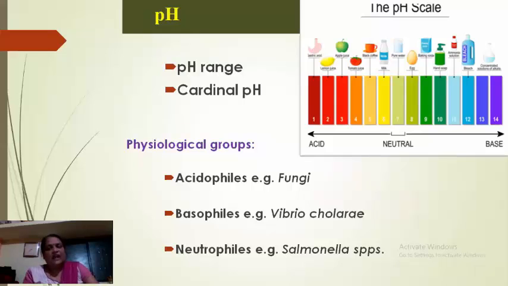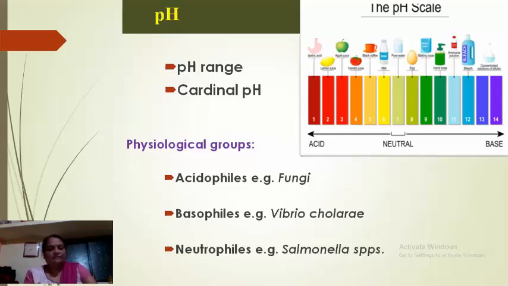Different foods have different pH depending upon their composition. Now, microorganisms, when grow in the food, they will grow if the pH of the food is favorable for them. So which type of pH is there in the food will determine what will grow in it and what will not grow in it. Different organisms have different cardinal pH values.